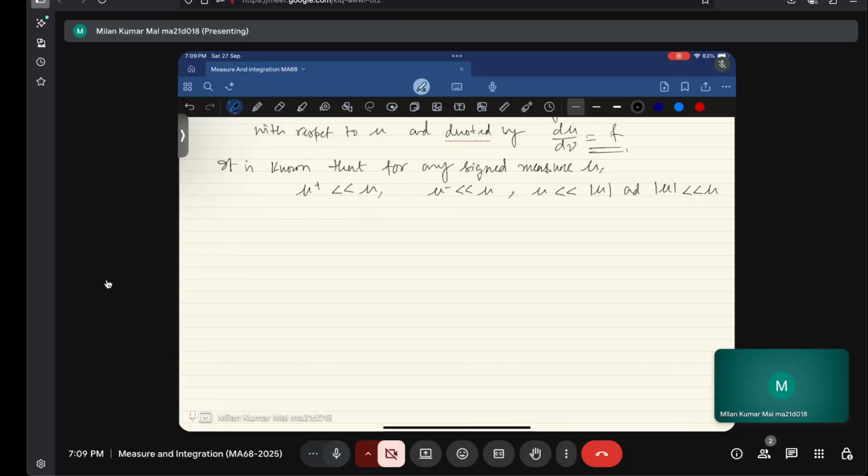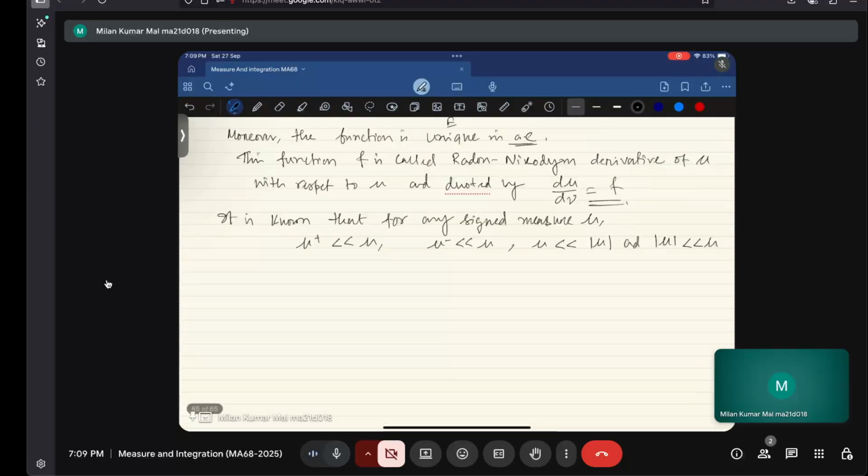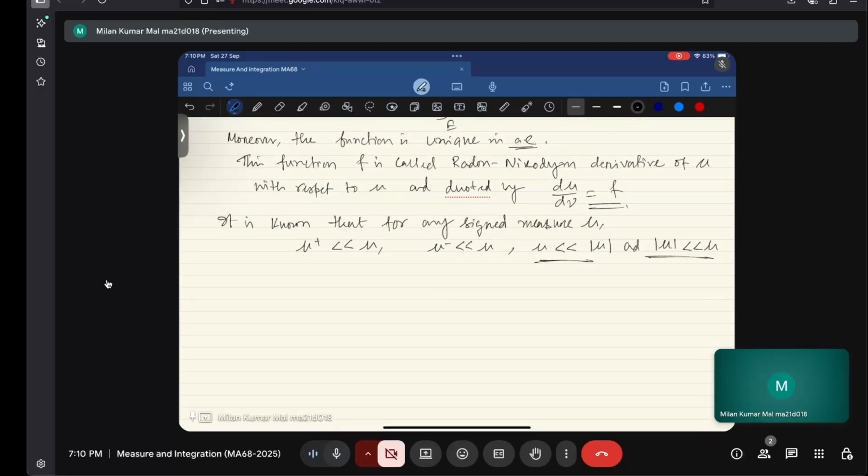Absolutely continuous means that if a set has measure 0 with respect to one measure, then it has measure 0 with respect to the other, and in that case the measure can be written as the integral of f d mu. Whenever you have these two facts simultaneously, that is, two measures each absolutely continuous with respect to the other, the two measures are called equivalent.